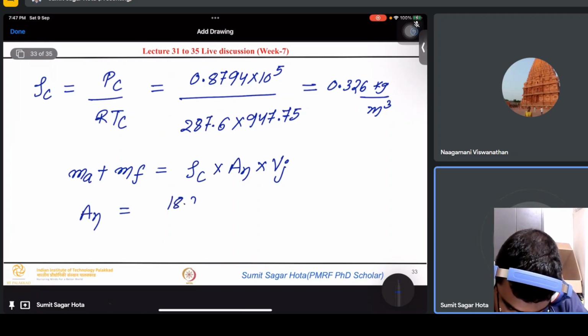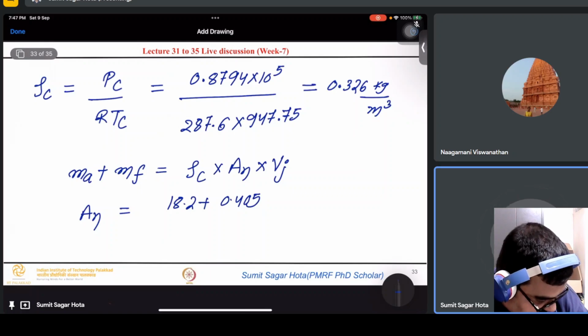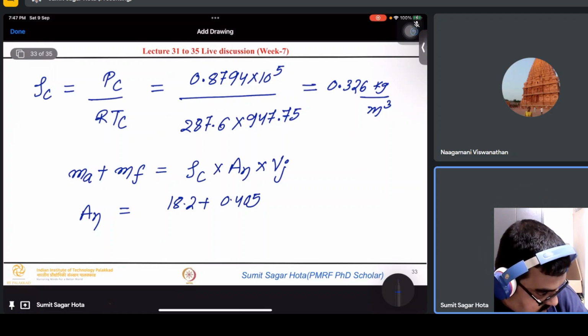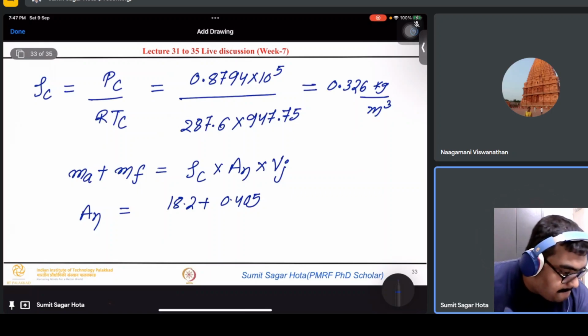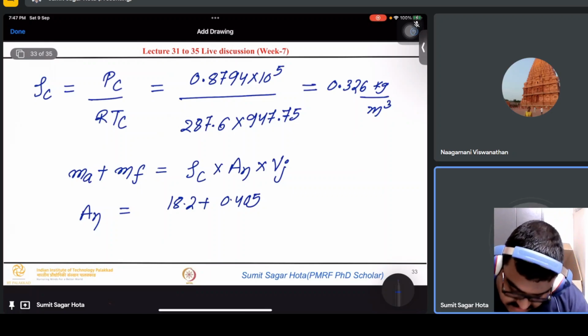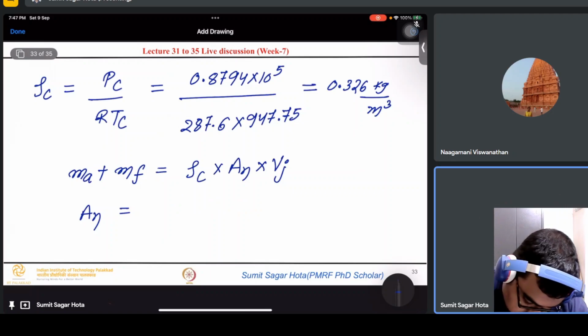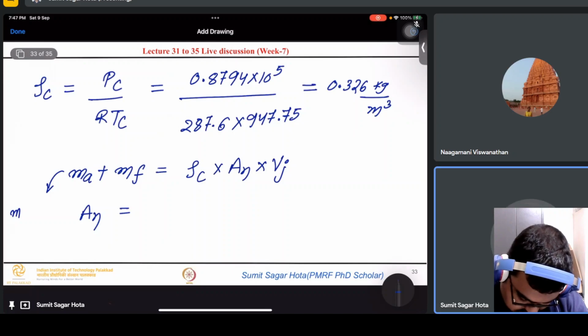Substitute all the values, 18.2, 0.405. We already found the mass flow rate of the fuel, m dot f. Or one way you can also write it: what is this equal to? m dot a into 1 plus f.